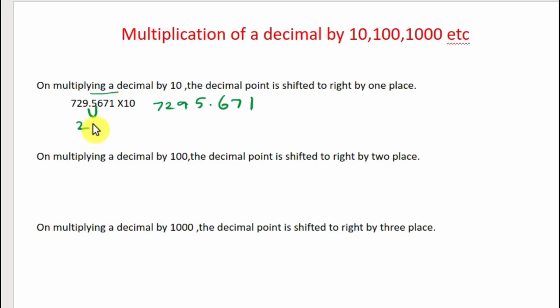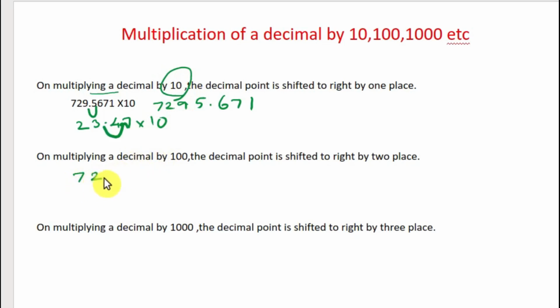2 into 10. Here, the decimal point is here, shifted from here to here, one place, on multiplying the decimal by 10.